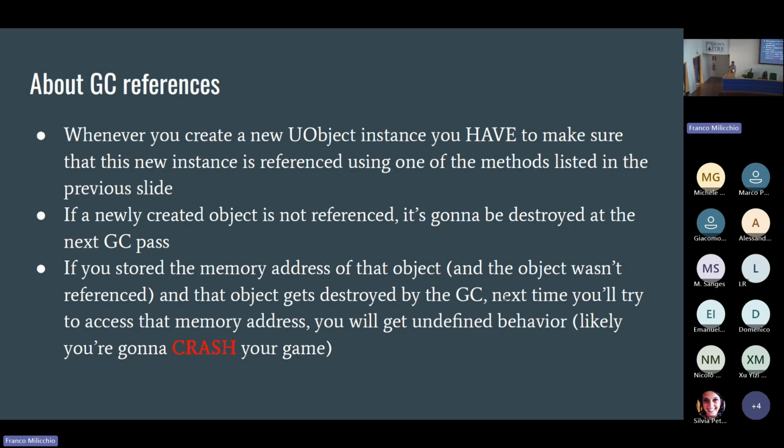So if you store the memory address of that object and you didn't reference it by any means, for example, you didn't put that variable inside a UPROPERTY, that object will be destroyed by the GC at its next pass. So if you try to access that variable, you're gonna get undefined behavior. So very likely you're gonna crash your game.